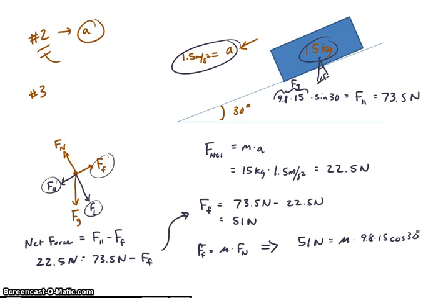So my 9.8 times 15 times cosine of 30 comes out to be 127 mu equals 51. So divide by 127. Mu comes out to be 51 divided by 127, 0.402. Okay, and that's kind of how we go through and do those types of problems.